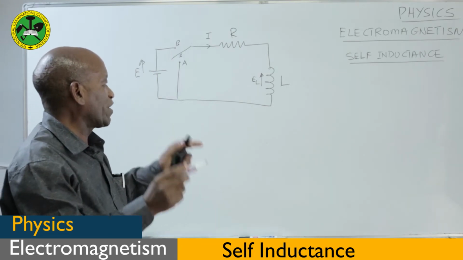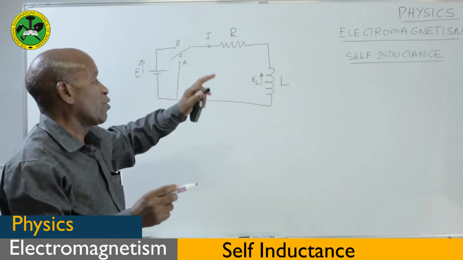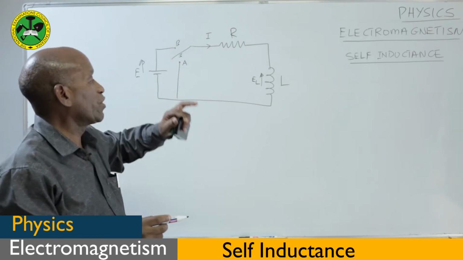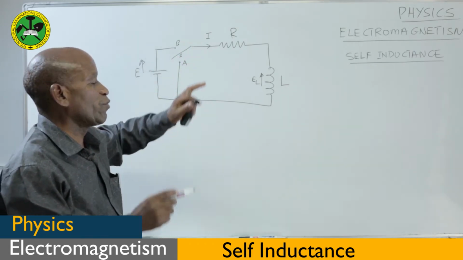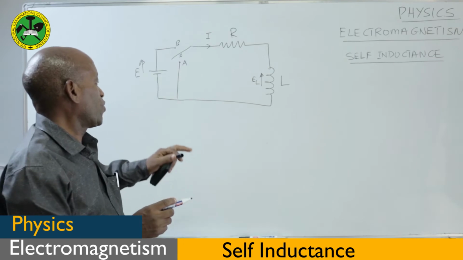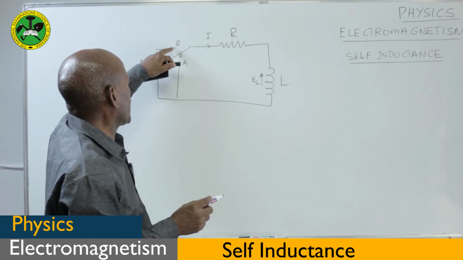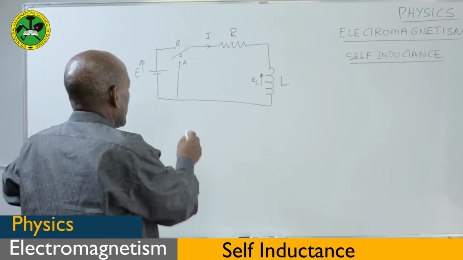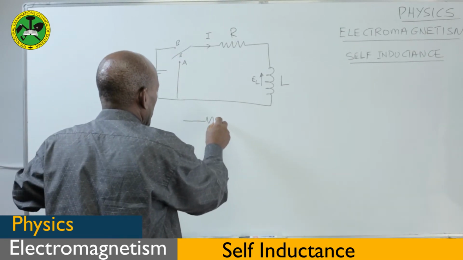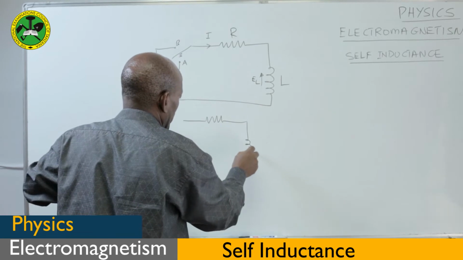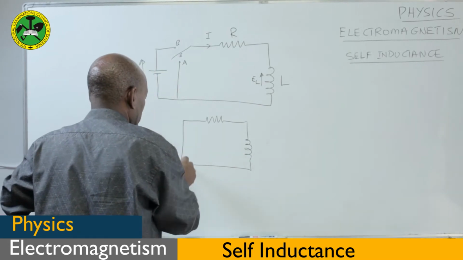So in a given time, the growth of this current won't go on indefinitely. It will reach a maximum, so that we can now disconnect the switch S from B to A. Then we have a circuit containing only an inductor and a resistor.